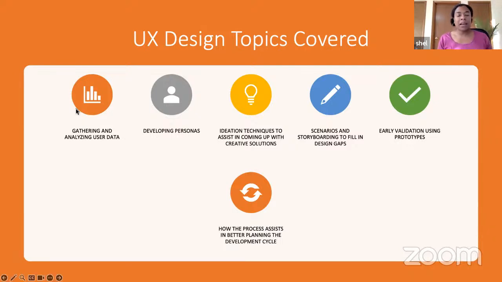If the app does not exist, we are gathering data on who we're targeting, what the goal and mission of the application is, and what we want them to do once they get there. Everything that you do, you have to keep that in mind. Every design choice you make has to be supported by the data. Any design choice that's not supported by the data should not be presented.